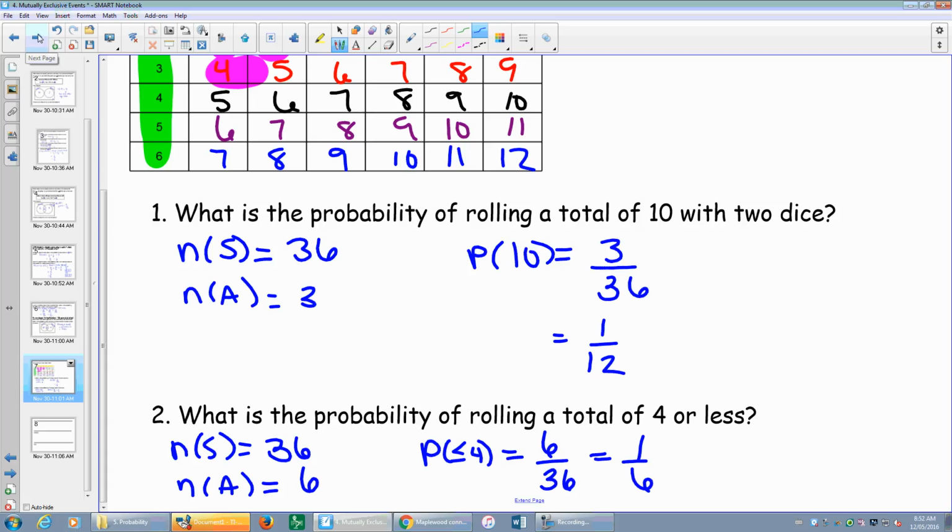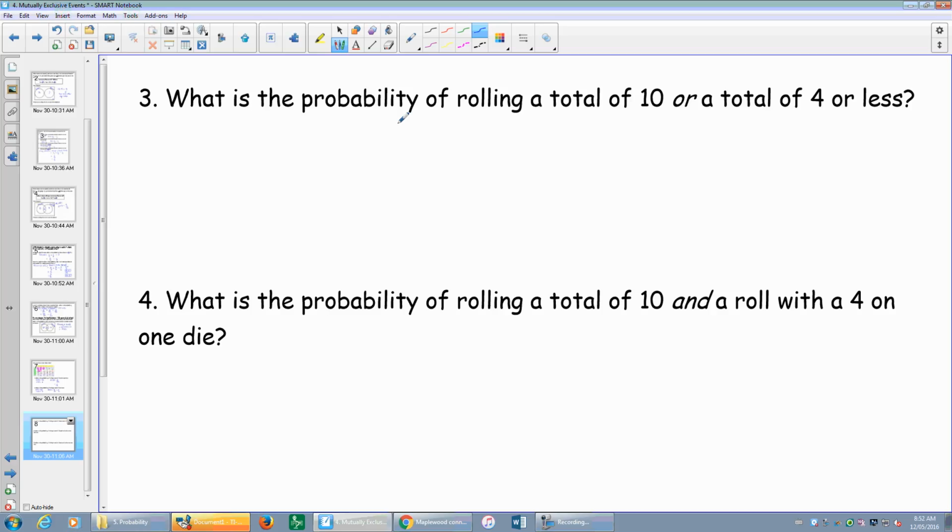Okay, the next question relating to dice. What is the probability of rolling a 10 or a total of 4 or less?